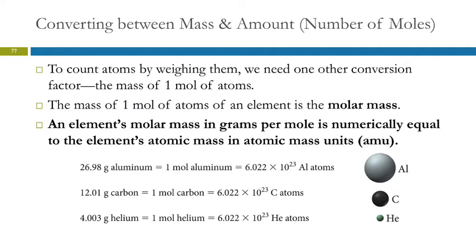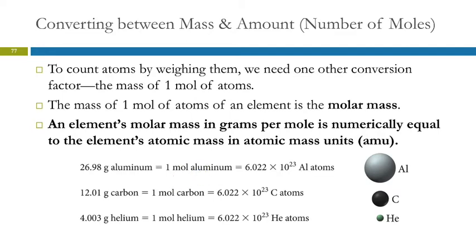And this is where how these units were defined becomes convenient. And this was intentional. This wasn't a happy coincidence. The element's molar mass in grams per mole is the same as the element's atomic mass in atomic mass units. So if we have 26.98 grams of aluminum, that's equal to 1 mole of aluminum atoms.